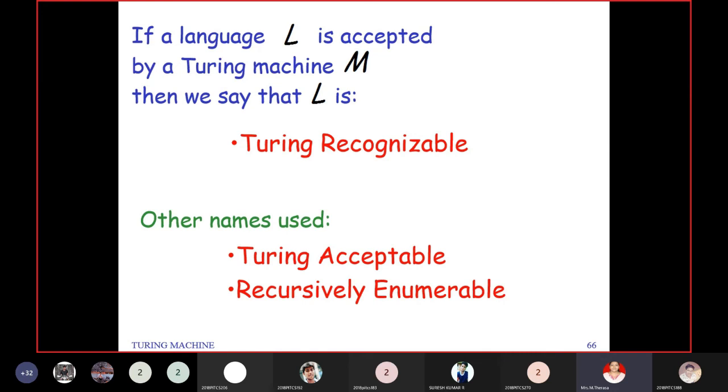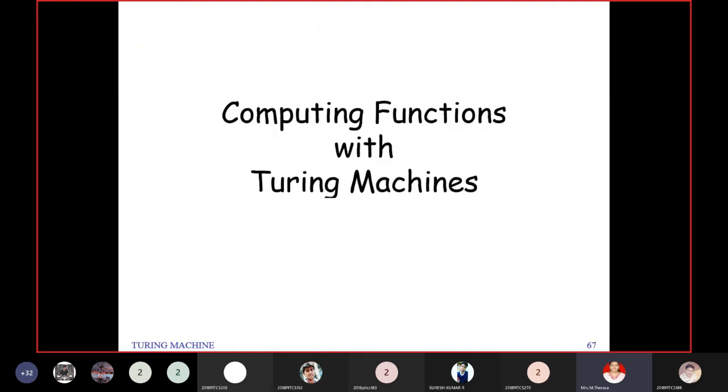In the Chomsky hierarchy of languages, we have seen that regular languages are a subset of context-free languages, and context-free languages are a subset of recursively enumerable languages. Recursively enumerable languages are nothing but Turing recognizable languages.